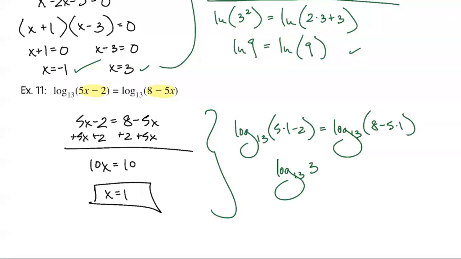I don't know what number that is, but it's okay. Let me just see what happens on the other side. I get log base 13 of 8 minus 5 gives us 3. I don't know what the number is, but I know that they're the same number. So I can say, yes, that works out, which means x equals 1 is a solution.